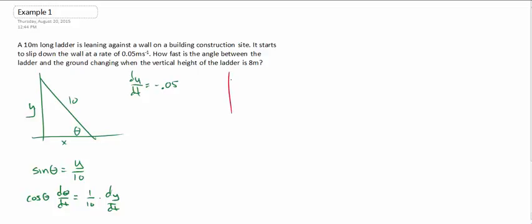Now we need to look at the specific situation that we're in. So this is 10, and we want the instance that the vertical height is 8. And we could say that sine theta is equal to 8 over 10, which reduces to 4/5.